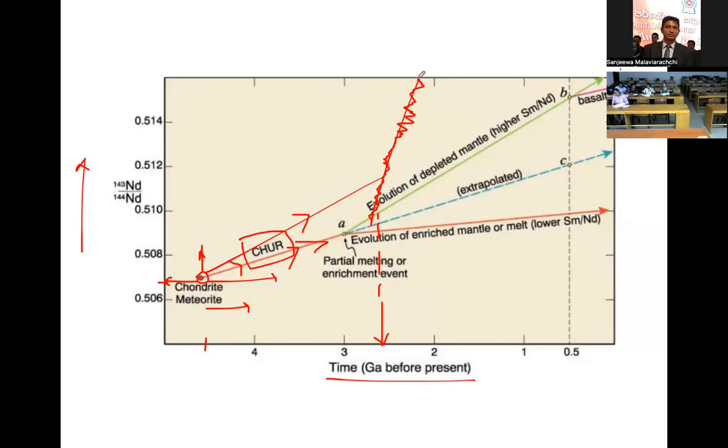Was it low or high? Just a while ago I mentioned it's opposite, right? That's why I made this mistake also, right? For the rubidium strontium system, it's okay, right? It should be opposite, right? So the continental crust should go like that because it has less neodymium.